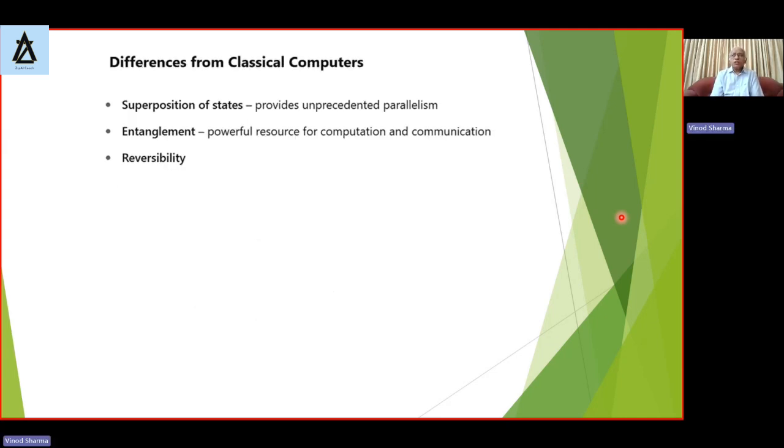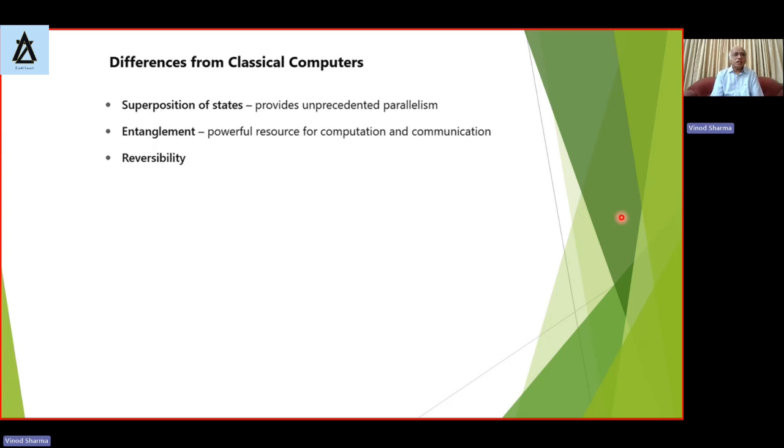How are we able to achieve such immense gains over classical computers via quantum computing? The main reason is that in the quantum domain, the systems can be in superposed states. This provides unprecedented parallelism for quantum systems, which is not possible in the classical case.